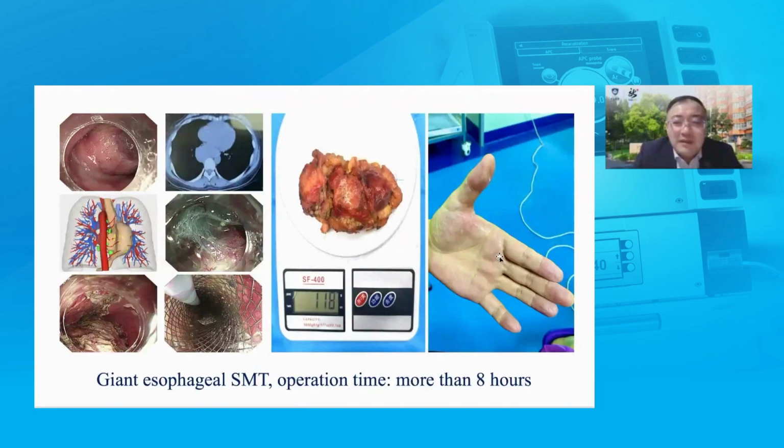After an 8 hour procedure, you can see this is my left hand. So it means the tumor for me is also very, very hard. So in the future, we should invent some new accessories and shorten the procedure time.